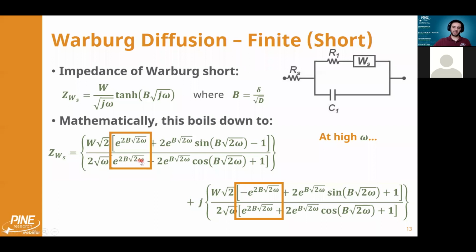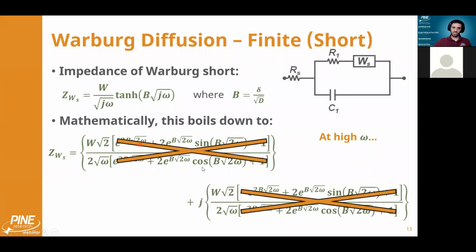So this gets very large, and this just goes away. This goes to unity. So at high frequency, we're left with this term in the real component and this term in the imaginary component. I didn't show this before, but you can take my word for it, that is the mathematics for the infinite Warburg.